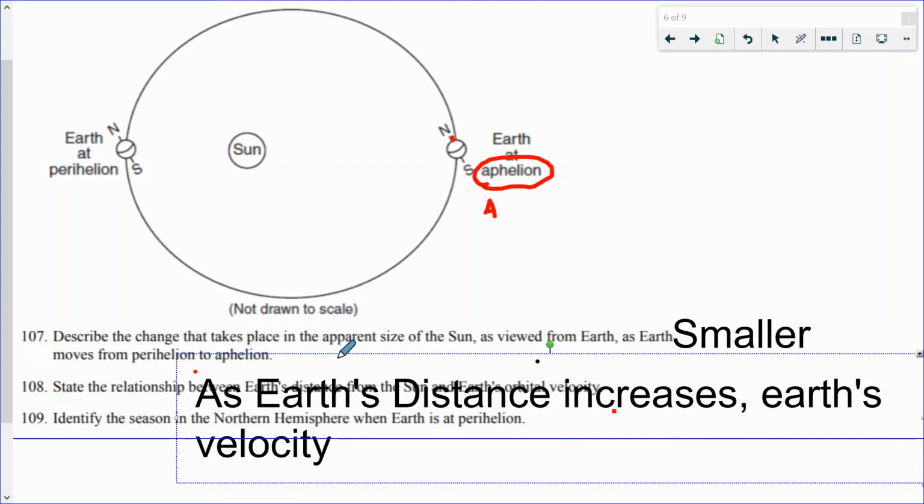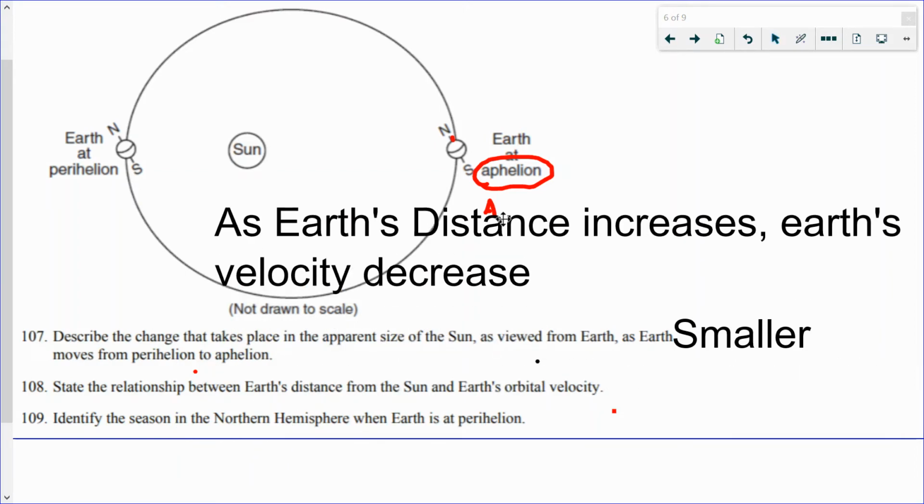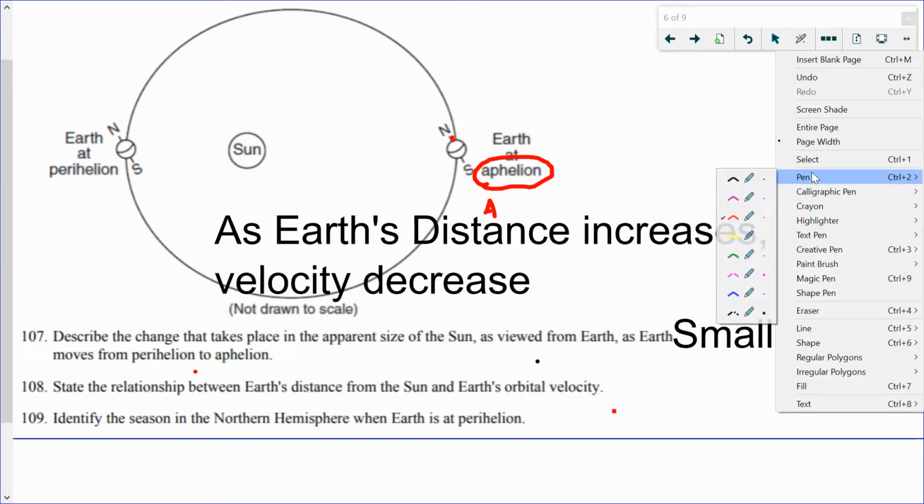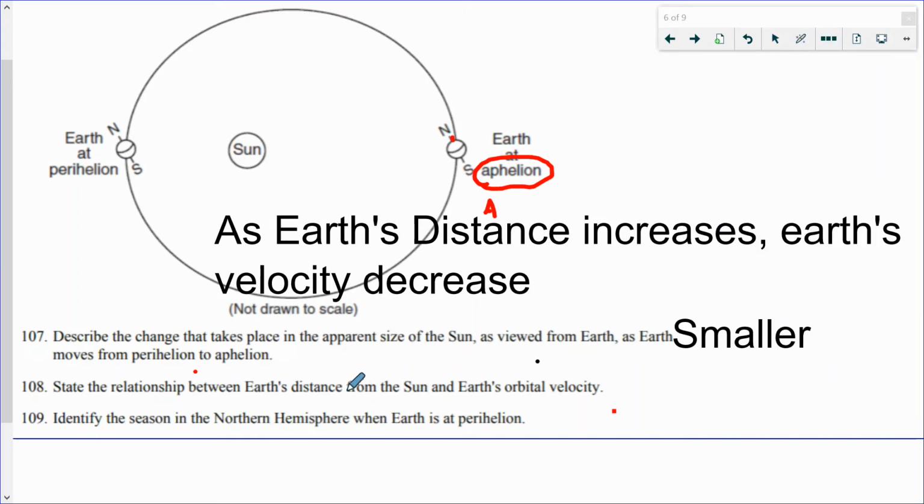As you get further away, the further away two objects are, velocity is going to decrease. So I like to write it out in order. You take the first thing, as Earth's distance goes up, and you take the second thing, orbital velocity, and you put the second thing there, and you just have to pick, does it go up or down?